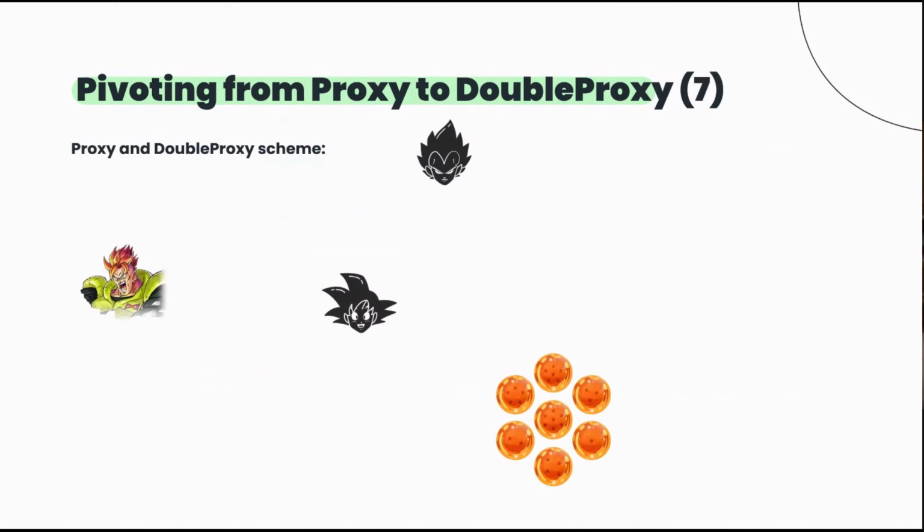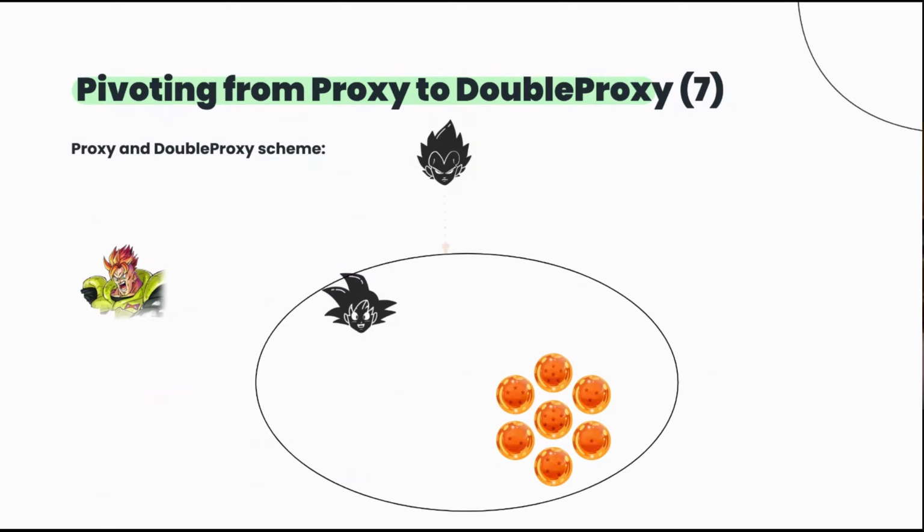So we wanted to explain how this kind of interaction works out. And here we have the Dragon Ball Z characters, and we have Son Goku and the Dragon Balls, which are basically the proxy and the delegates, and Vegeta is the double proxy.